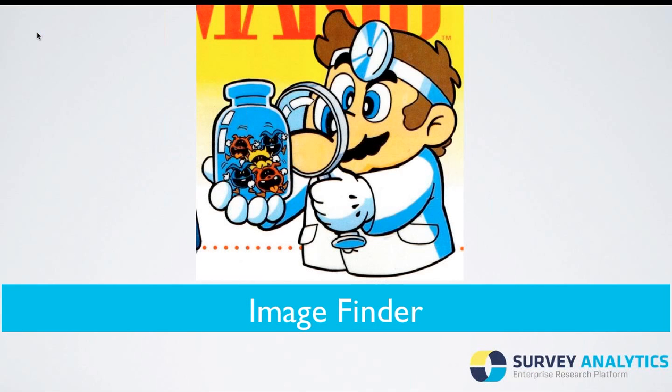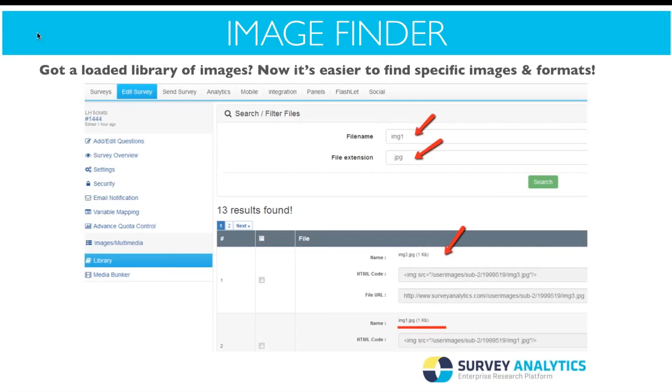The next thing that we've offered here is our image finder. And basically, this is for those who have an extremely loaded library of images. And now we just make it a lot easier to find those specific images and formats that you want to reuse in your surveys.